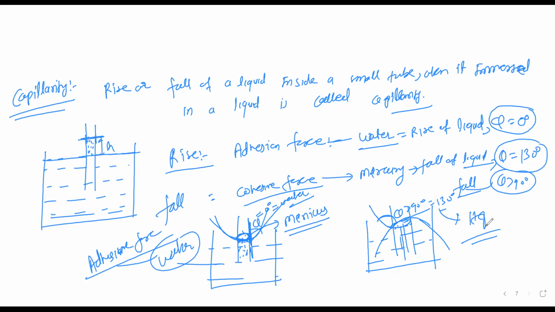Next, I will write the capillarity rise. If a small tube is immersed in a liquid, then what will be the rise or the fall? In both cases, the expression will be the same. Assume one container is filled with a liquid, and one small tube is immersed in it.